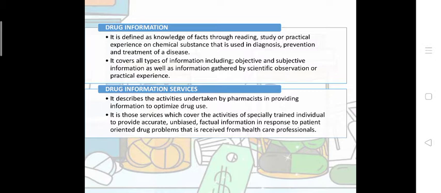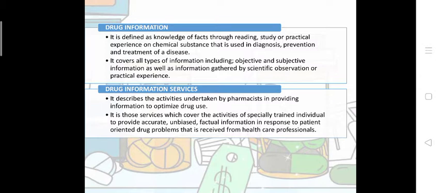So what they are trying to say is, whatever information you gather while practicing, the practitioner can be any medical professional. By treating that particular patient, if you observe or find anything, you need to inform and gather the information regarding that particular drug. That is all about drug information services.